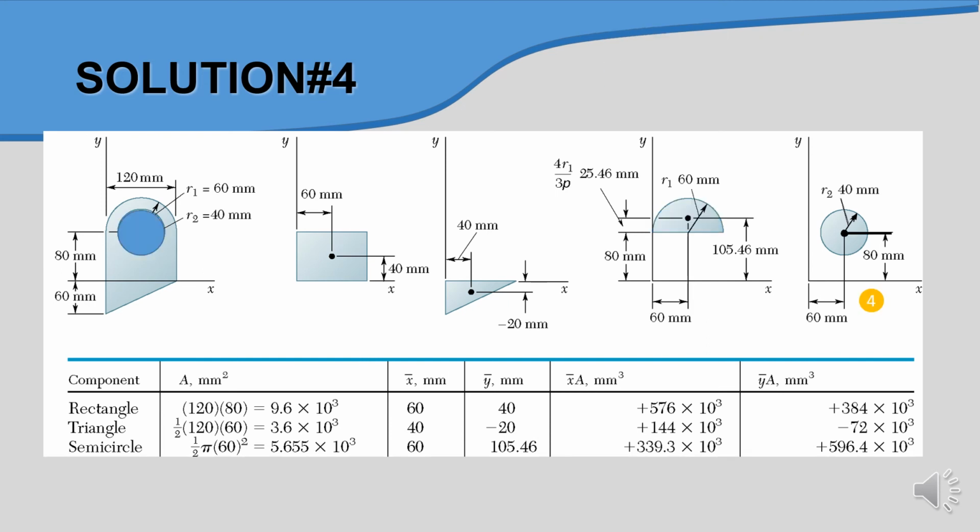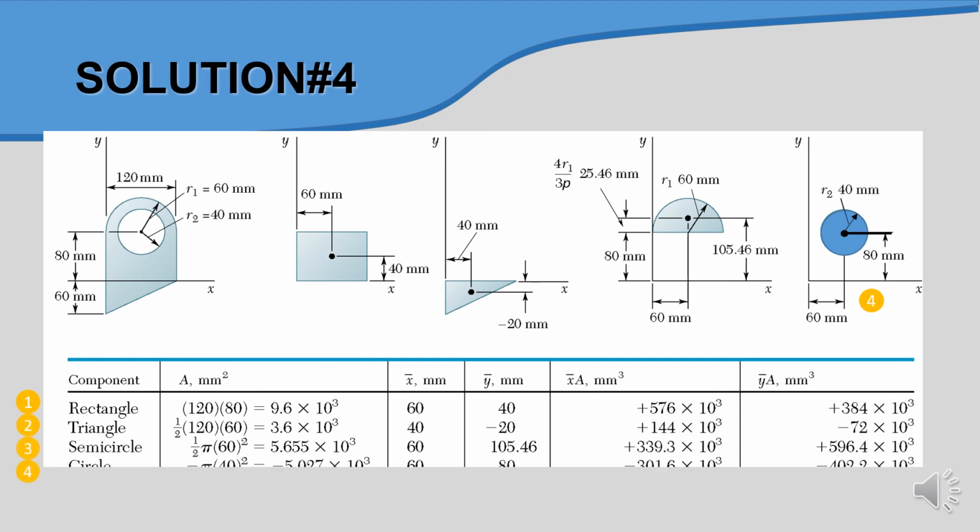It happens to the circle too, whereby the given circle radius is 40 mm, and you can simply calculate the value. You need to include the original position of the circle, whereby the circle is not on the axis. It is at 80 mm for the y axis, and for the x axis we have 60.